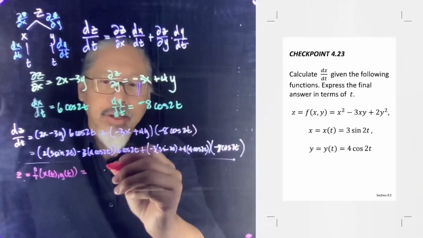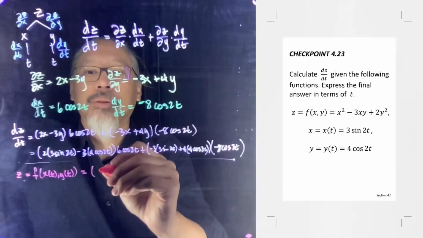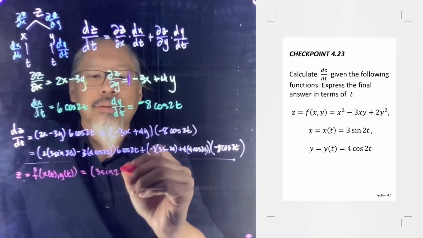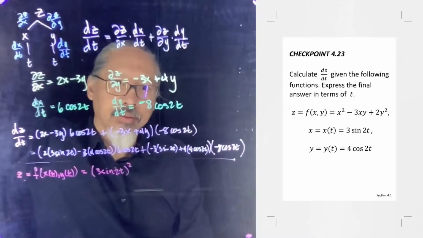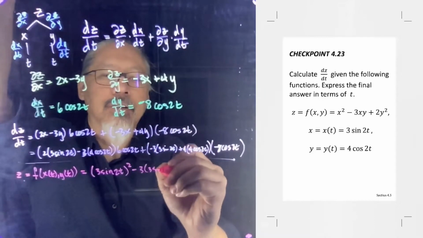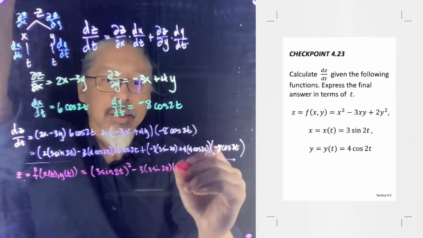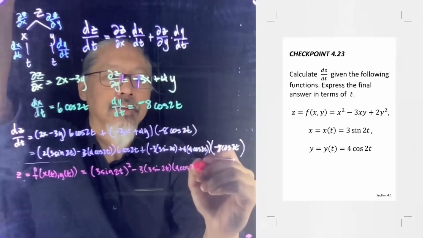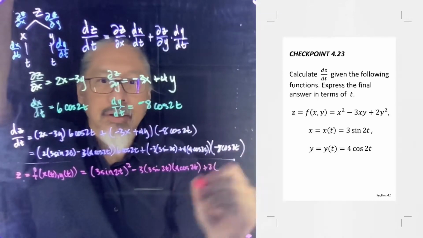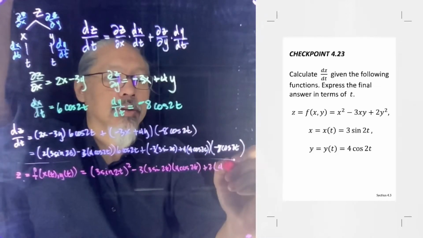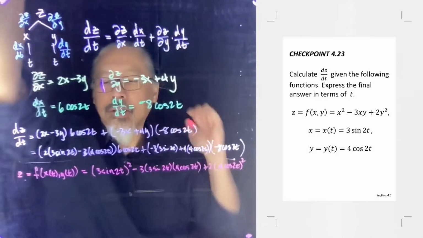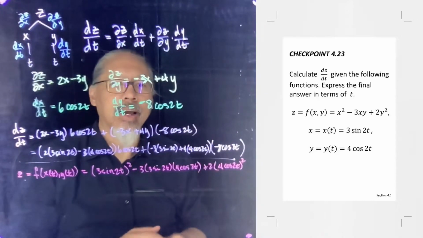So x is actually equal to 3 sine 2t, and our function is x squared minus 3 times 3 sine 2t times 4 cosine 2t, plus 2 times 4 cosine 2t again, but this time the y is being squared.